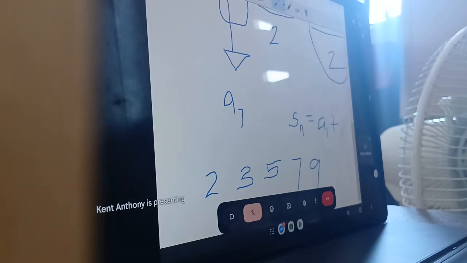What do you think is the pattern? Try to think.